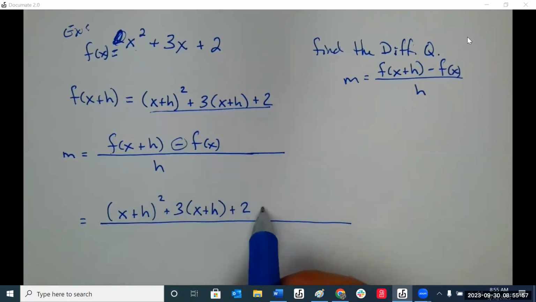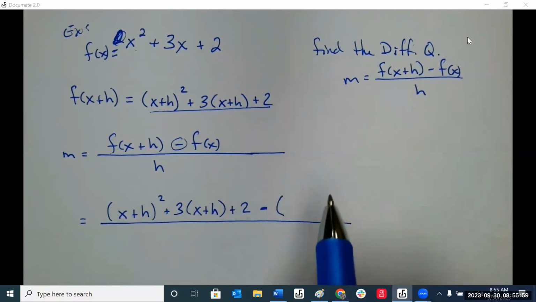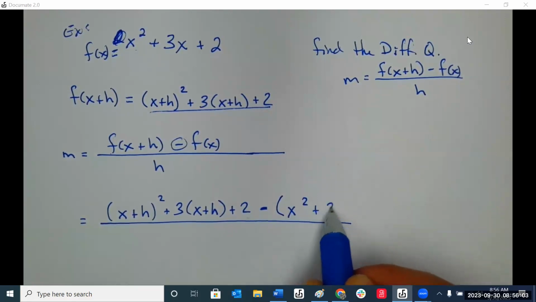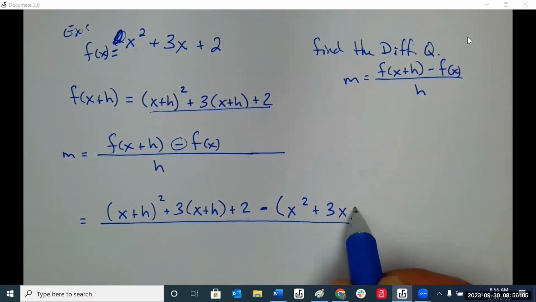Here's the minus sign. And remember, whatever's after the minus goes inside the parentheses: x squared plus 3x plus 2.